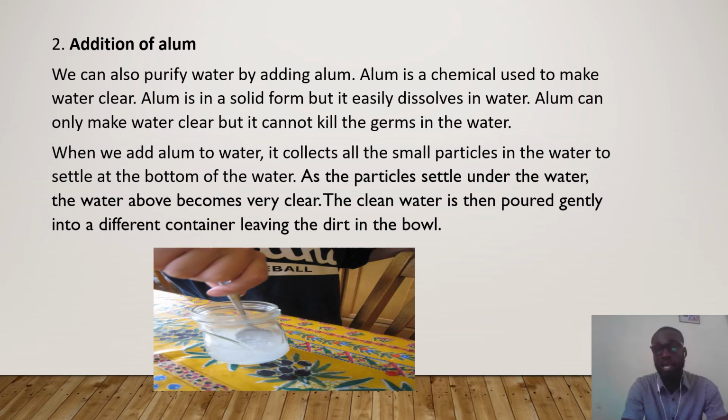So after adding your alum to your dirty water, the dirty particles end up at the bottom and you have your clean water at the top. You can then slowly pour out your clean water and use it for whatever purpose you want.